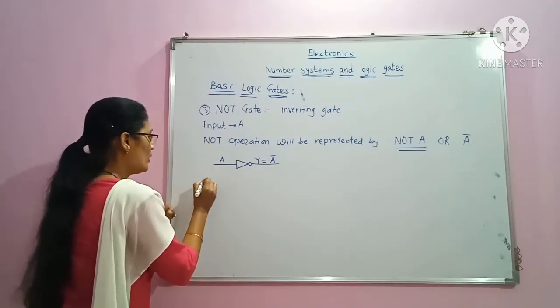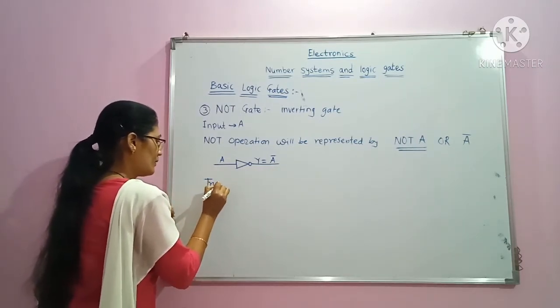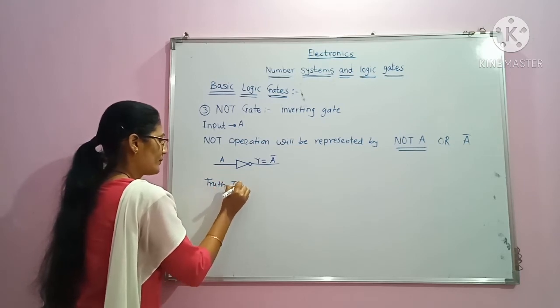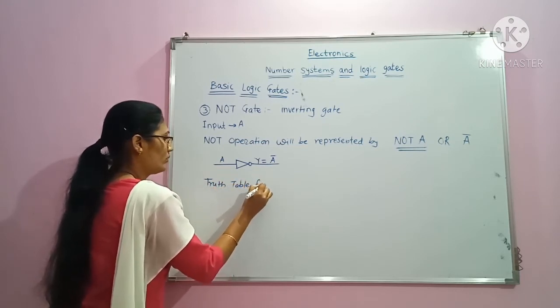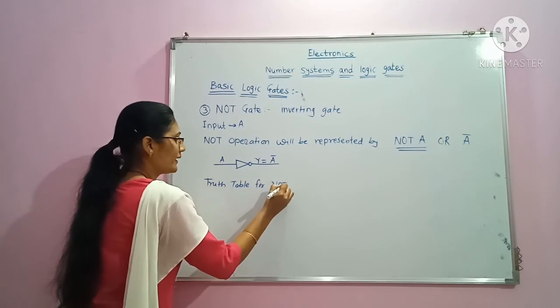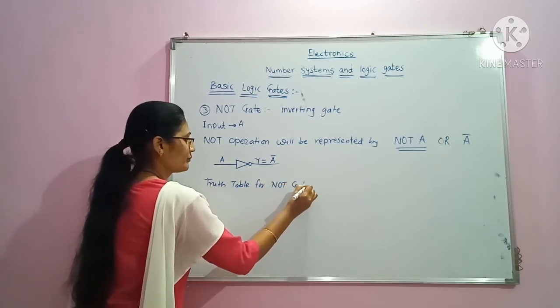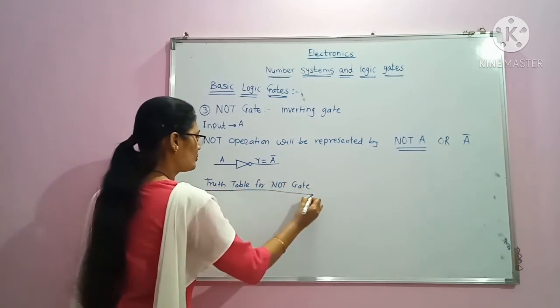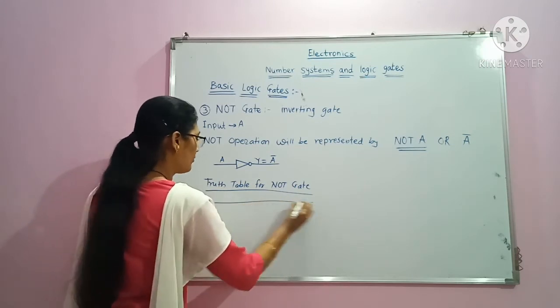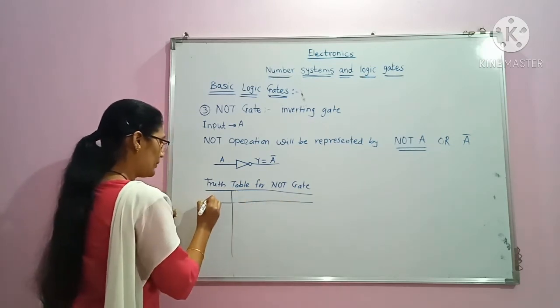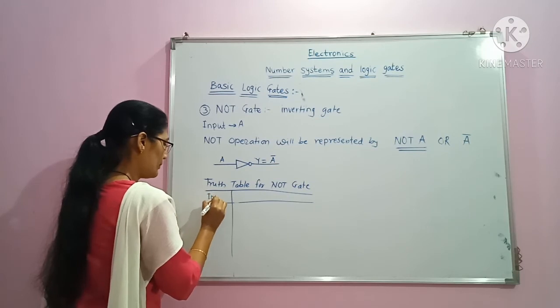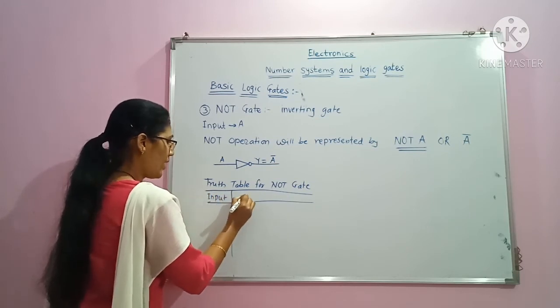So let's have the truth table for the NOT gate. In the truth table of the NOT gate, we will have input and output.